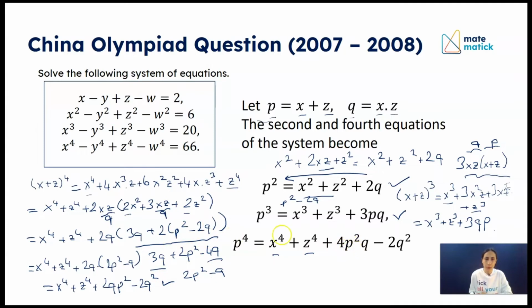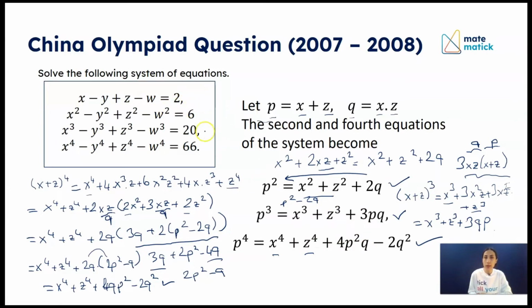Let me see. Oh, of course, I'm sorry, this is 2 times 2, I forgot. This is 4, so 4p squared q minus 2q squared. Now we have p squared, p cubed, and p to the power of 4 in terms of x's, z's, and p and q's. So now we will do the same thing for y and w.